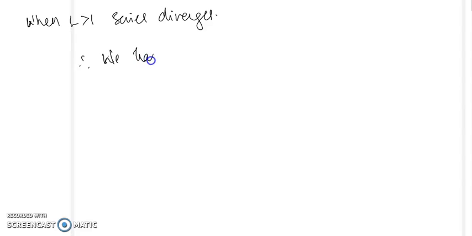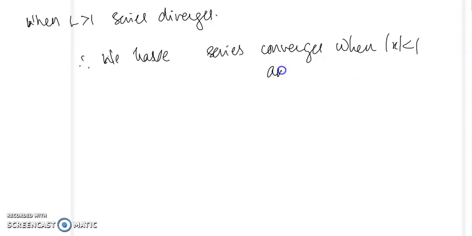Therefore we have that the series converges when mod x is less than 1, and it will diverge when mod x is greater than 1. So that is the required result.